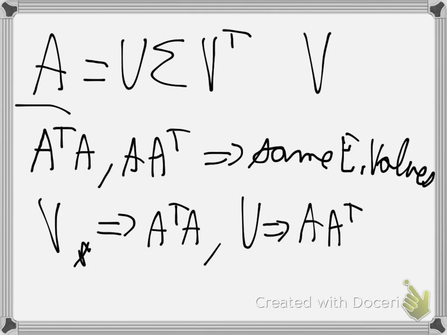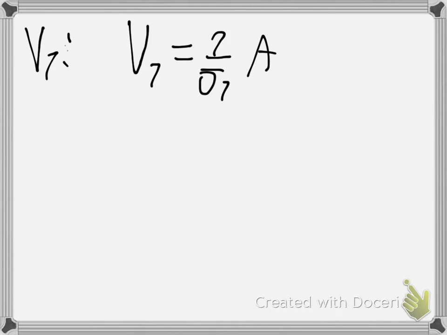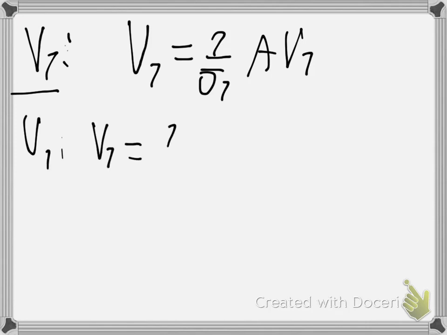As said, you don't need to calculate both A transpose A and A A transpose. You can use that formula from before. Once you have found V, let's say you know V1, you can use the formula that U1 will be 1 over sigma 1 times A times V1, and so on. And if you have already found U1, then V1 will be 1 over sigma 1 times A transpose times U1.